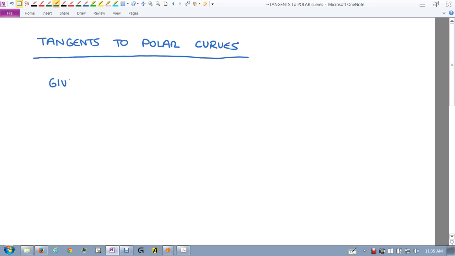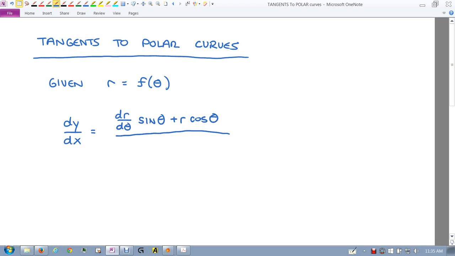Given r is some function of theta, so you have a polar curve, then dy/dx is equal to dr/d theta times sine theta plus r cosine theta, all over dr/d theta times cosine theta minus r sine theta.